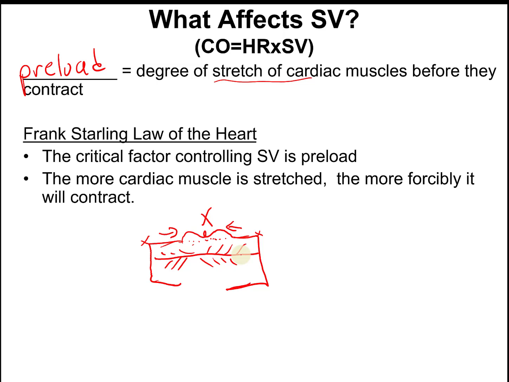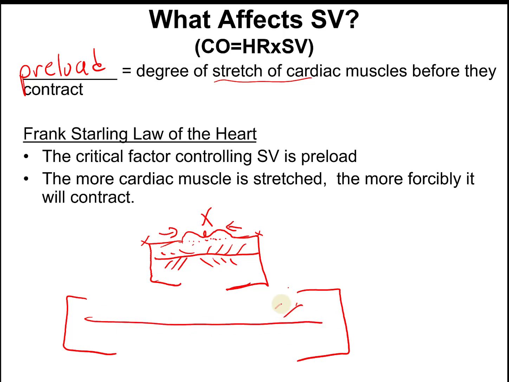But let's say it's an athlete now. We're going to look at their cardiac muscle sarcomeres, and they're going to look something like this. So when they're at rest, this is what their sarcomeres look like. They're a lot more stretched. And so when this sarcomere contracts, it's going to contract over this distance.